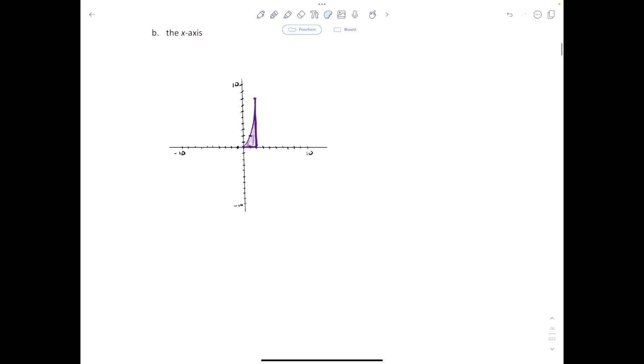We're starting with our rotation axis being the x-axis. So we're going to rotate about this guy. And so that means, remember, that you have to kind of draw your little ghost graph.